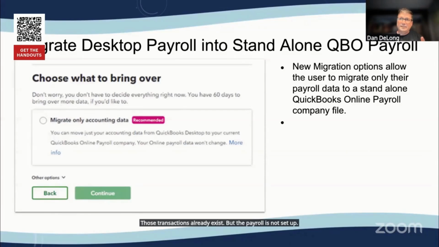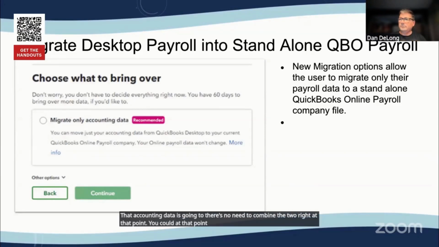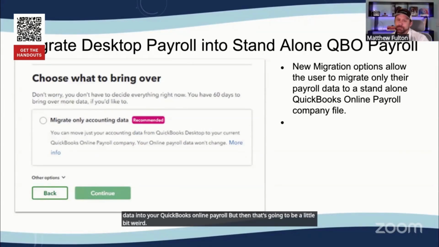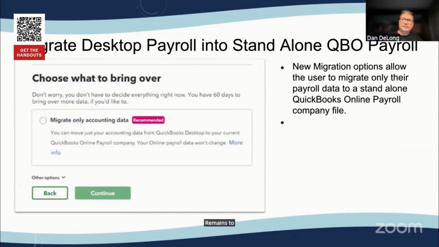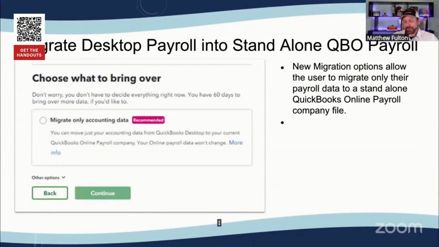That accounting data is there, so there's no need to combine the two, right? At that point, I imagine you could migrate your accounting data into your QuickBooks Online payroll, but then that's going to be a little bit weird. It remains to be seen there. That sounds like a mess waiting to happen. I was worried about it, so we'll report back maybe a little later on it.